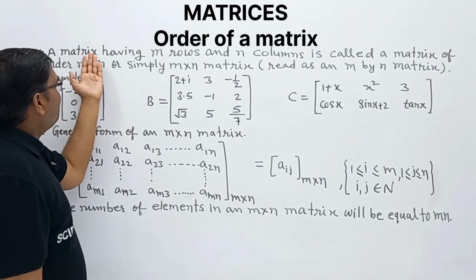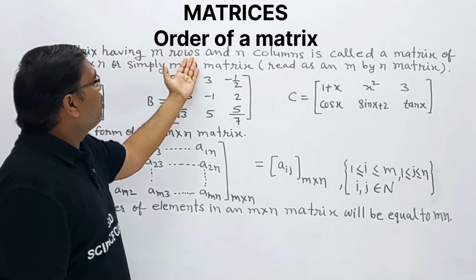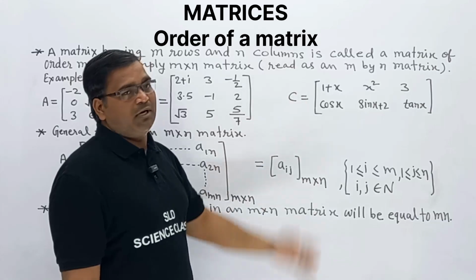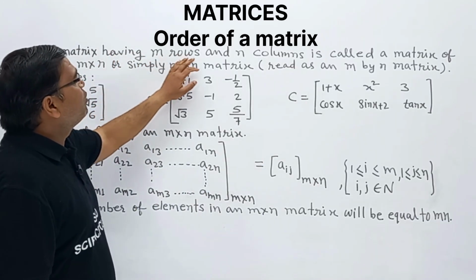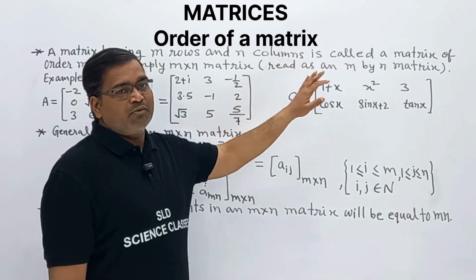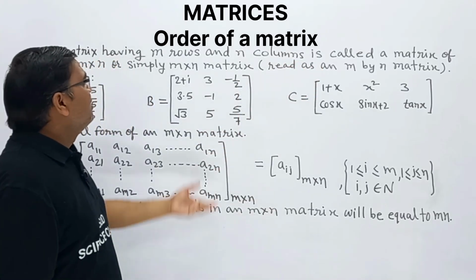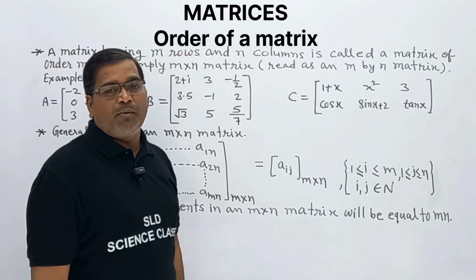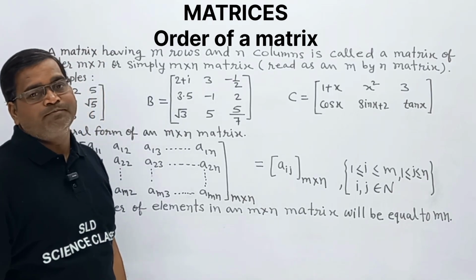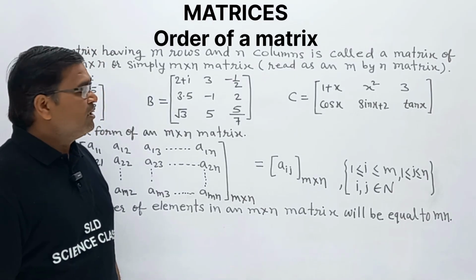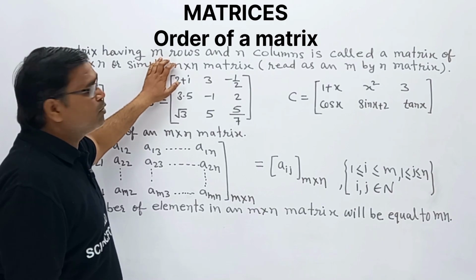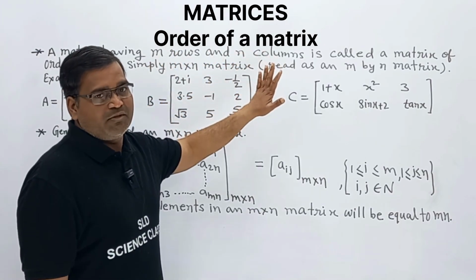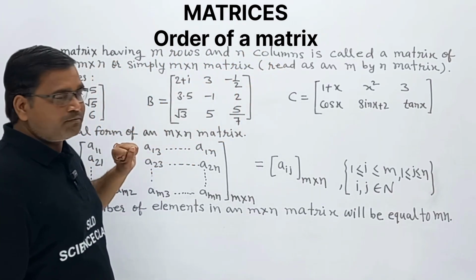Observe a matrix having m rows and n columns. We already studied rows and columns of a matrix. Observe this example.